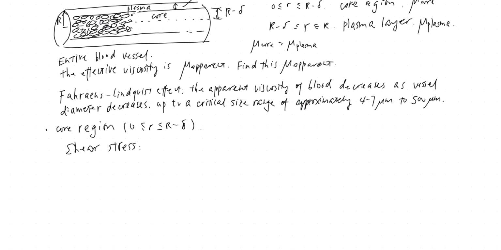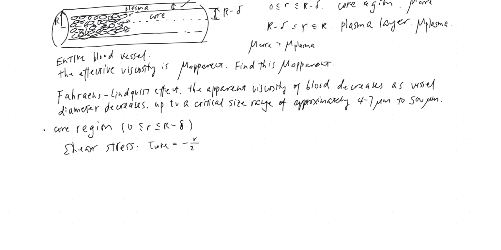So minus R over 2L delta P equals mu core dVz core dr. So this Vz core is the velocity profile within the core region, as a function of R.